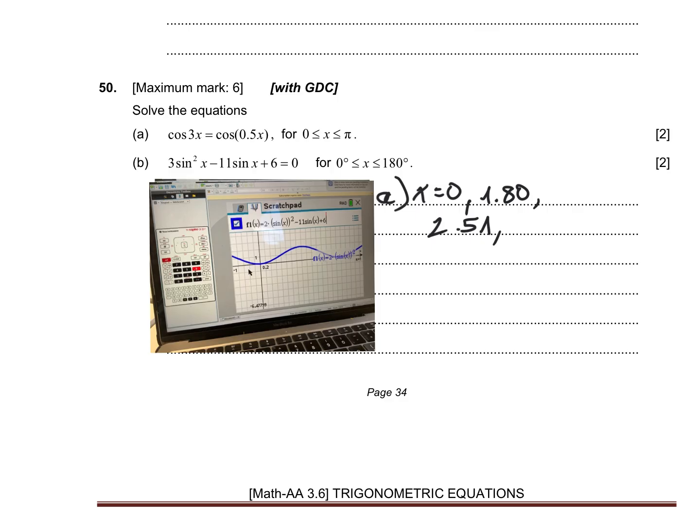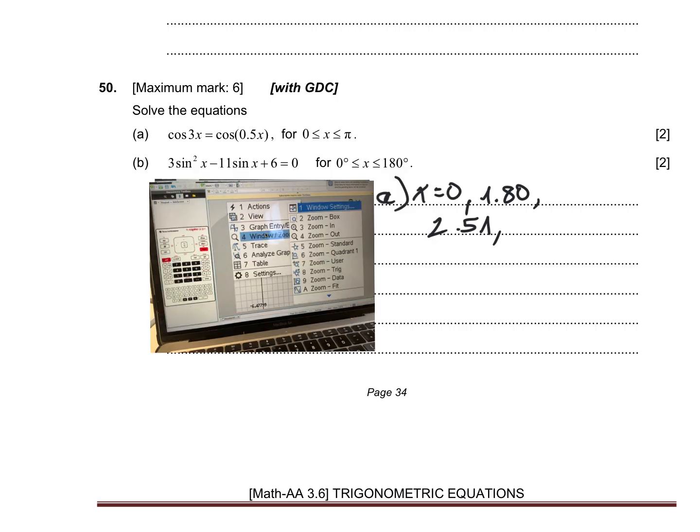Okay, so for this one, I put the wrong thing in first of all. So this needs to be a 3. But when you put sine squared, you need to put sine x into brackets and then square that whole thing, and then minus 11 sine x plus 6. We'll push enter, change it to degrees, and we want it equal to 0.